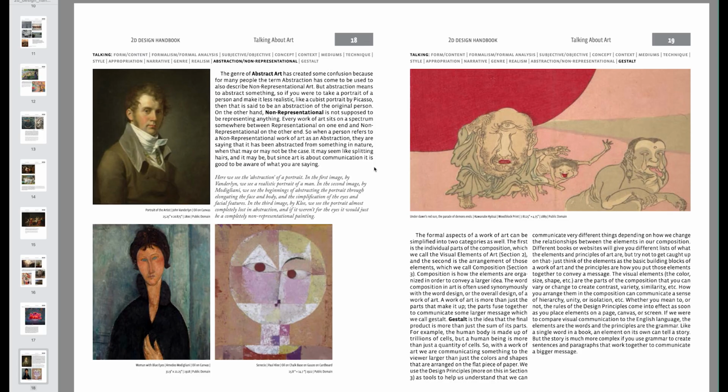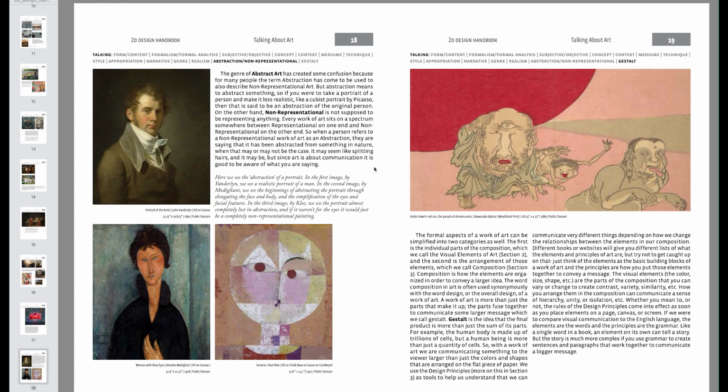Every work of art sits on a spectrum somewhere between representational on one end and non-representational on the other end. So when a person refers to a non-representational work of art as abstraction, they are saying that it has been abstracted from something in nature, when that may or may not be the case. It may seem like splitting hairs, and it may be, but since art is about communication, it is good to be aware of what you are saying.